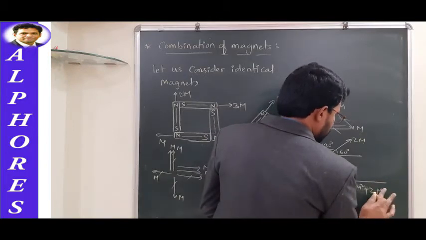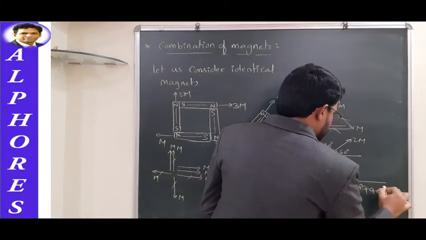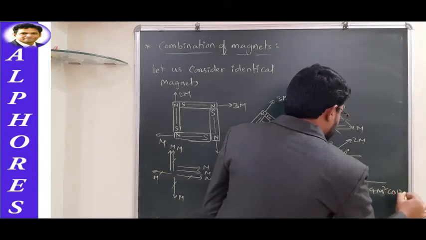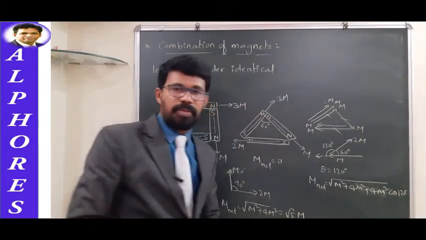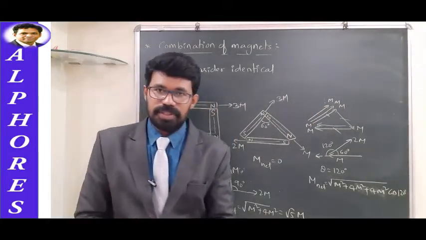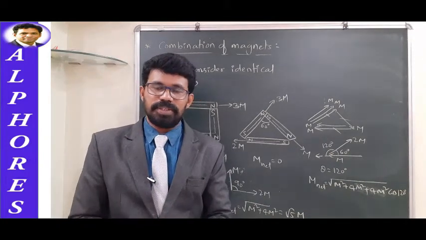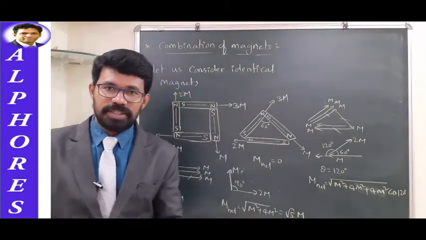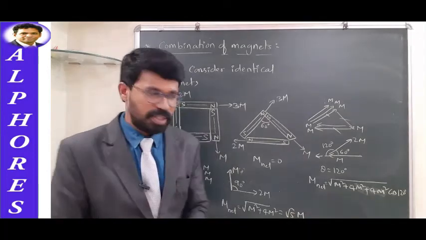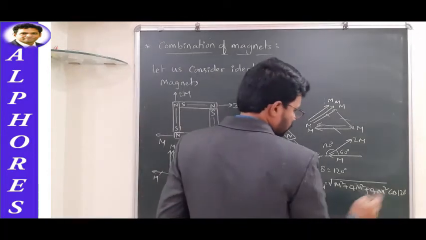So 2m into 2m, again what will have? 4m square cos 120. Okay, cos 120 is how much? Cos 90 plus 30. Cos 90 plus 30 is equal to minus sin 30. Minus sin 30 is minus 1 by 2. So replace this cos 120 with minus 1 by 2.